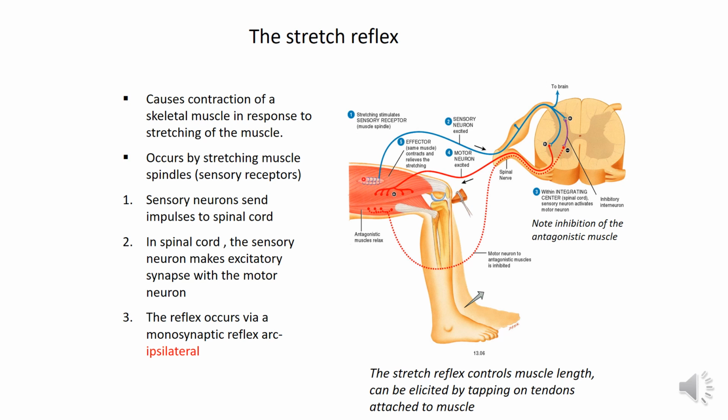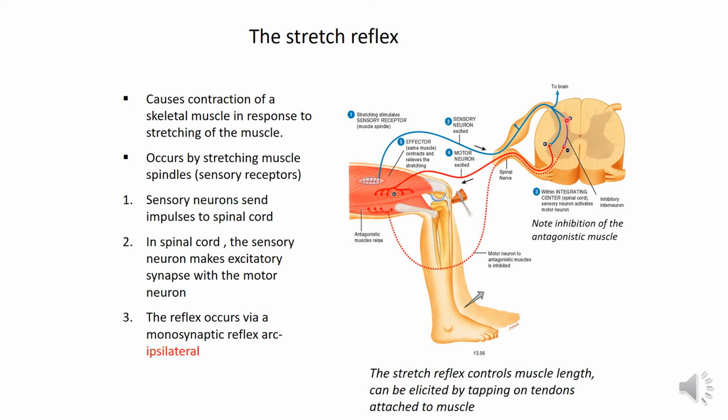Stretch of the muscle spindle and the intrafusal muscle fiber stimulates this receptor, sending impulses through the afferent or sensory neuron into the spinal cord to synapse directly with the anterior horn cells or motor neurons that supply the quadriceps muscle, producing contraction of the quadriceps.